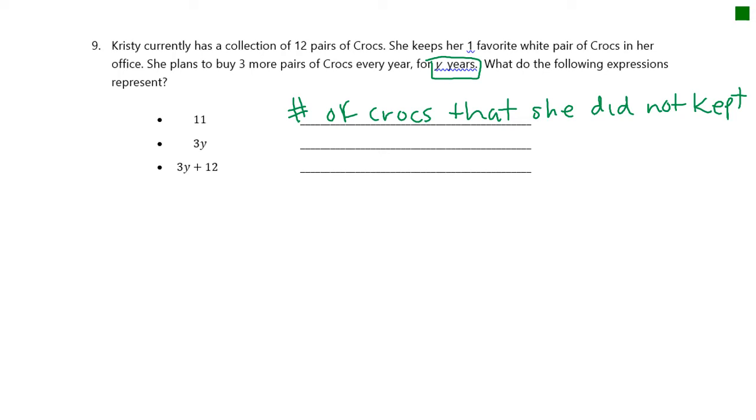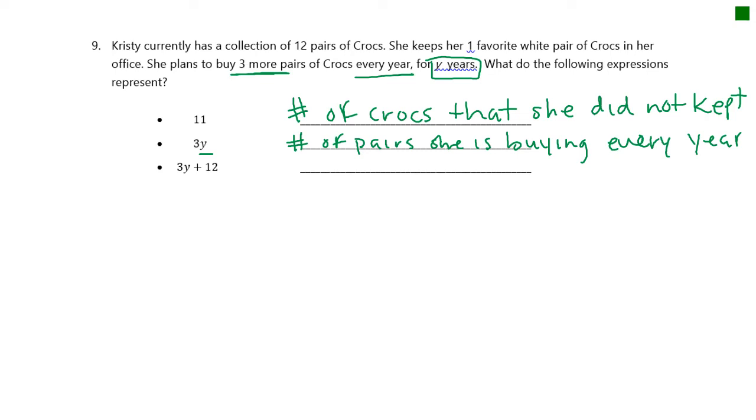All right, then we have 3Y. Well, they told you she's going to buy 3 more pairs every year. And again, Y means years, so it just means the number of pairs she is buying every year. She's going to keep buying 3 more.